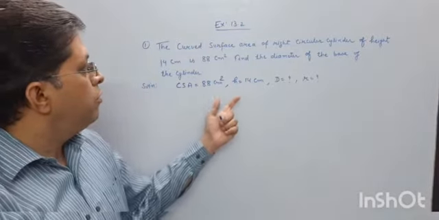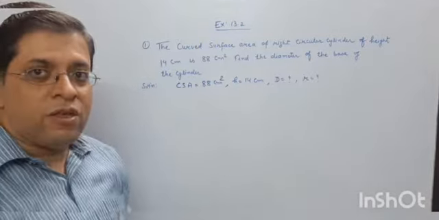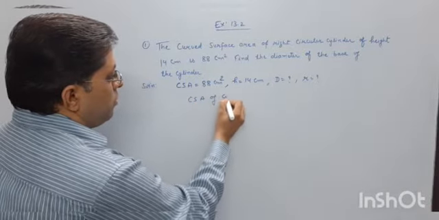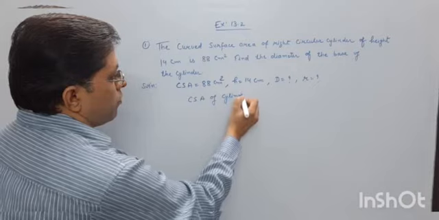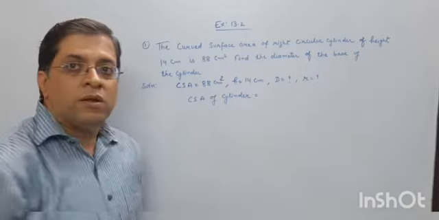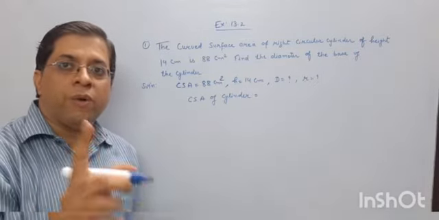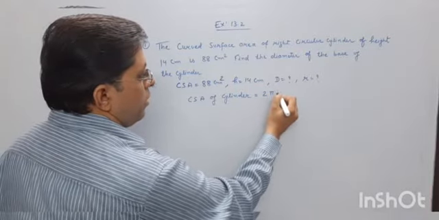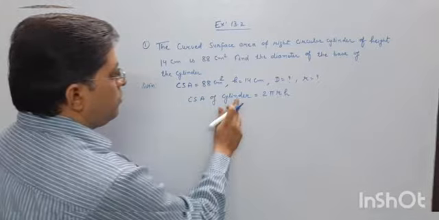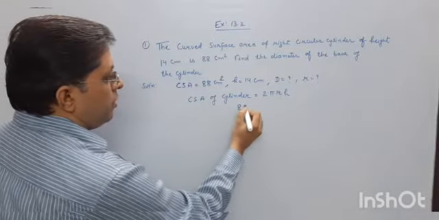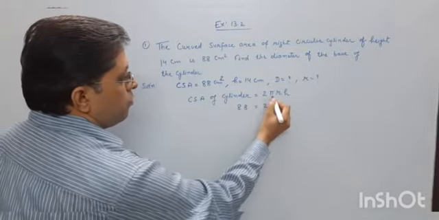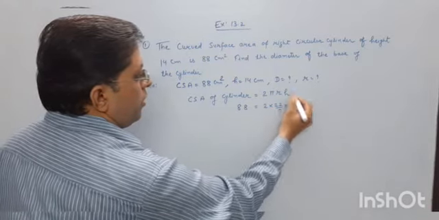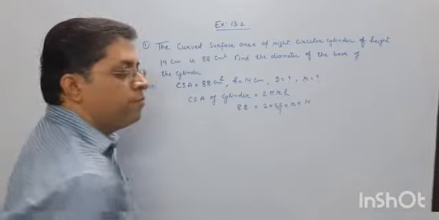Okay, now come on. What is given to you? CSA is given to you. Then what is CSA of cylinder? CSA of cylinder is 2 pi r h. CSA is given to you 88. 88 equals 2 into pi, 22 upon 7, R you have to find, H is given 14.